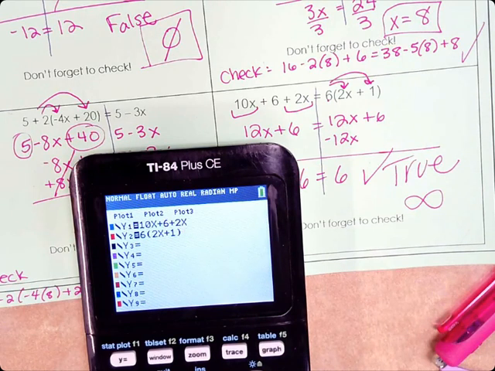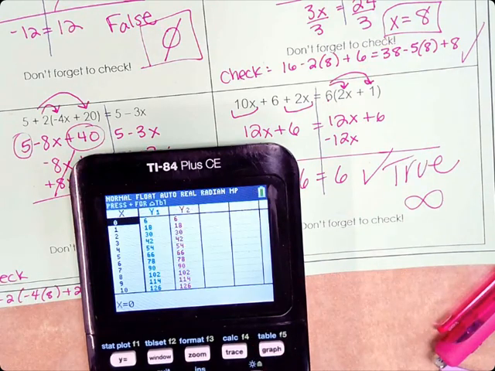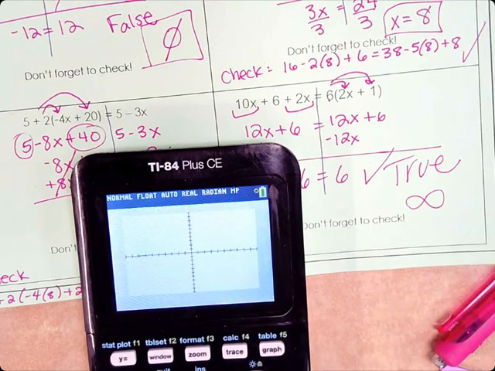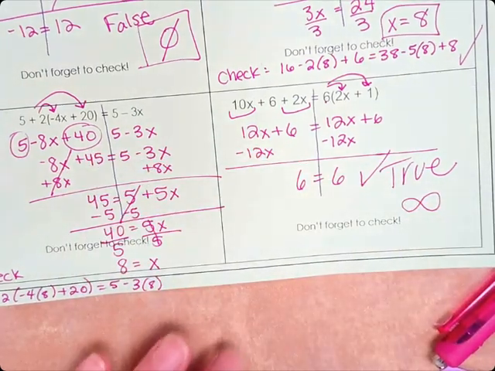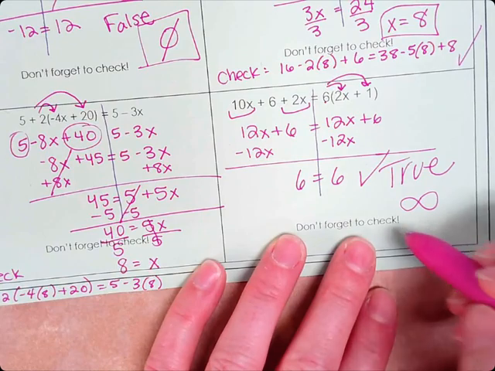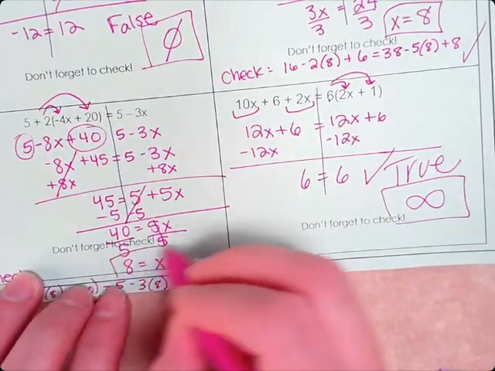So we can check to make sure it graphs on top of itself or that the table is the exact same. So the table is the exact same. If I look at the graph, it'll graph a blue one and then a red one right on top of it, if you're using the color calculators. If you're not using the color calculators, you can go to the table to double check that. All right, so we have checked it. We're good. This is our solution.